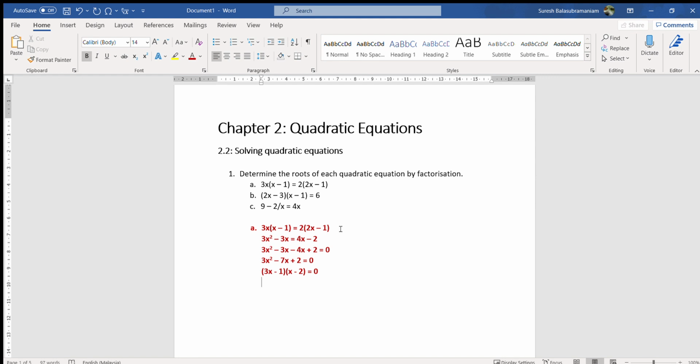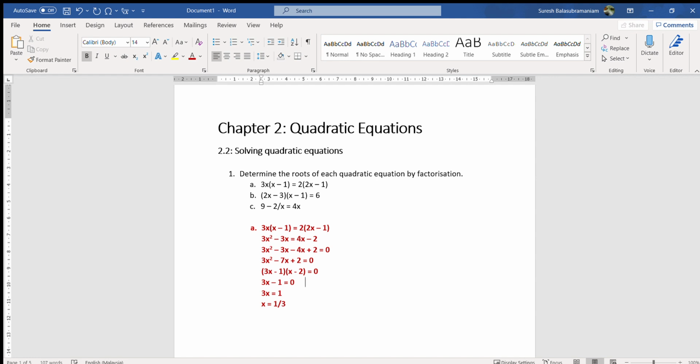Now assume the term in the first bracket is 0, so 3x - 1 = 0, 3x = 1, x = 1/3. That's for my first bracket.